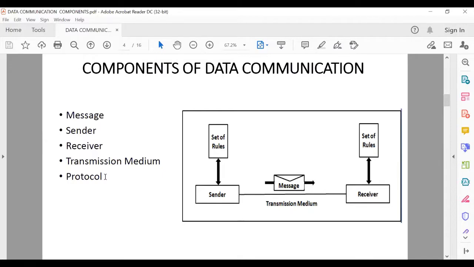Next is the protocol. Protocol is an agreed upon set of rules used by the sender and receiver to communicate data.